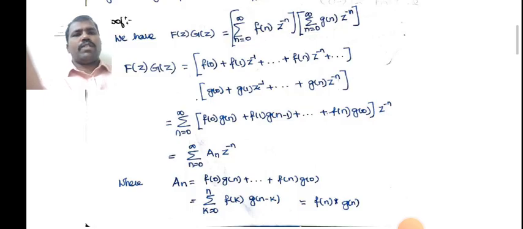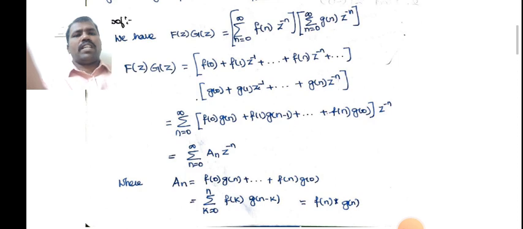F of z into G of z equals f of 0 plus f of 1 z inverse plus etc. plus f of n into z power minus n plus etc., into g of 0 plus g of 1 into z inverse plus g of 2 into z power minus 2 plus etc. plus g of n into z power minus n.